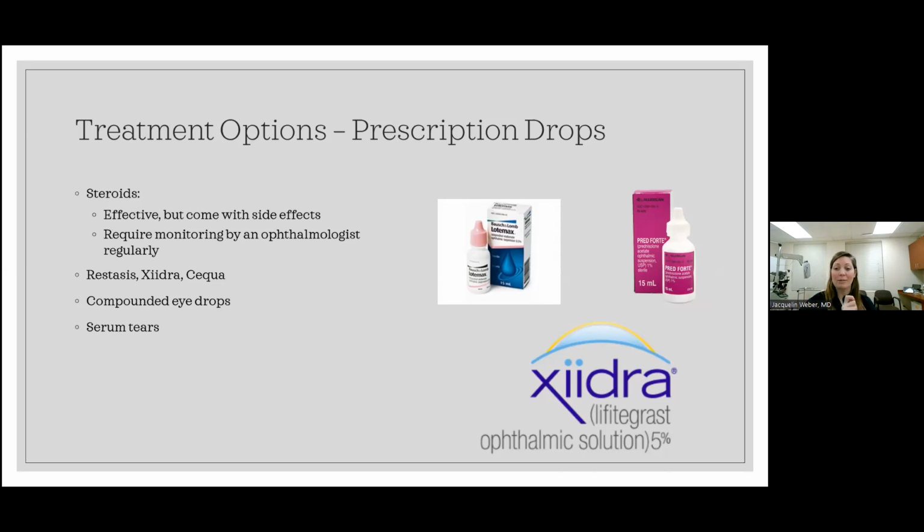So they actually go and get a blood draw, and there are certain growth factors that are extracted from the patient's blood and then mixed with a lubricant that can be very effective for treating dry eye as well.